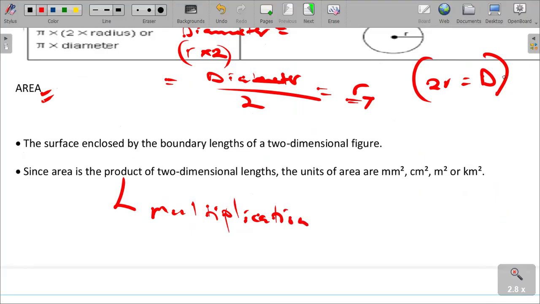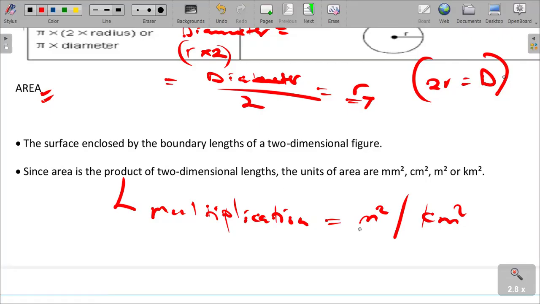So what it means is that the units are also going to be squared, because we have multiplied two-dimensional lengths which have units. The units are going to give us square meters, square kilometers, because we multiplied two lengths where the units are also multiplied by themselves.